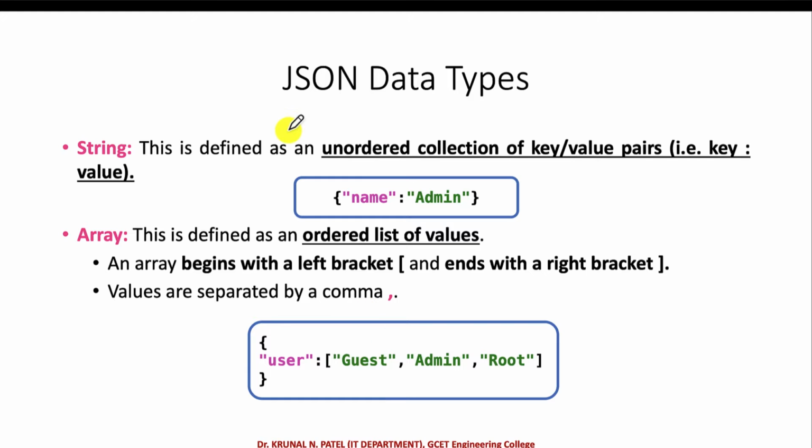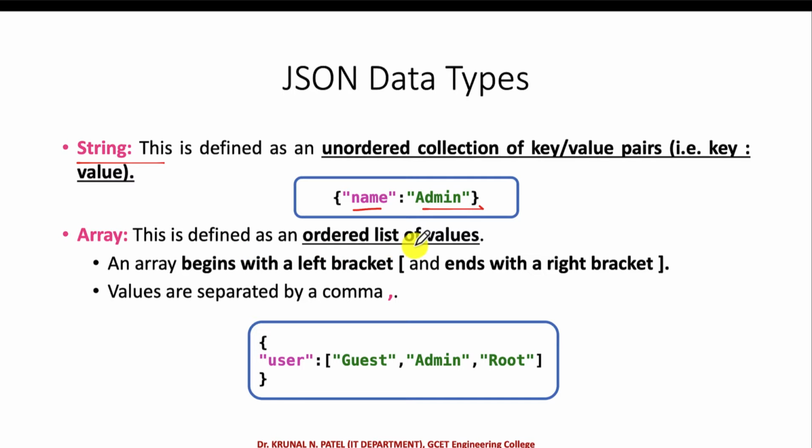Now, what are the data types supported in JSON? The first data type is string. Suppose I want to define one string in a key value pair: name is the key and admin is the value, right? Similarly, an array is also very easy to define.